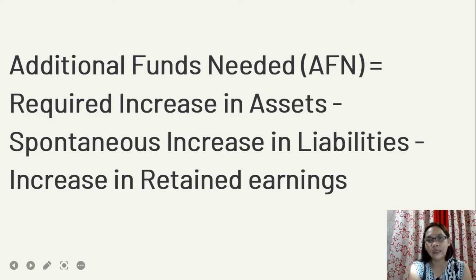Additional funds needed, AFN, is equal to required increase in assets minus spontaneous increase in liabilities minus increase in retained earnings. The additional financing is needed by borrowing from the banks as notes payable, or by issuing long-term bonds, by selling new ordinary shares, or by some combination of these actions.